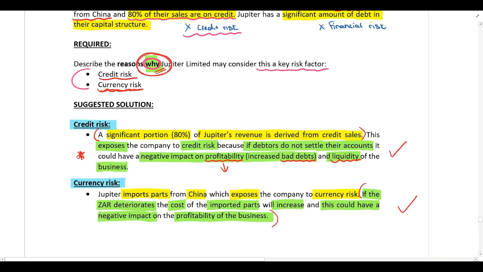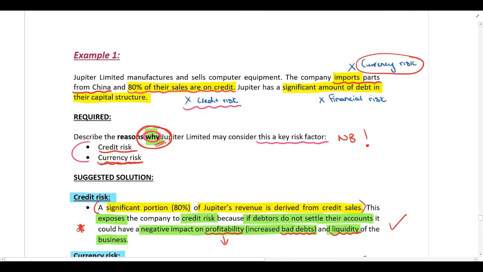So please note, you must read the required carefully when it comes to risk questions. Then just before we move on, we did identify one other risk, being financial risk. However, the required did not ask us to discuss financial risk in more detail, and therefore that was not included in our solution.